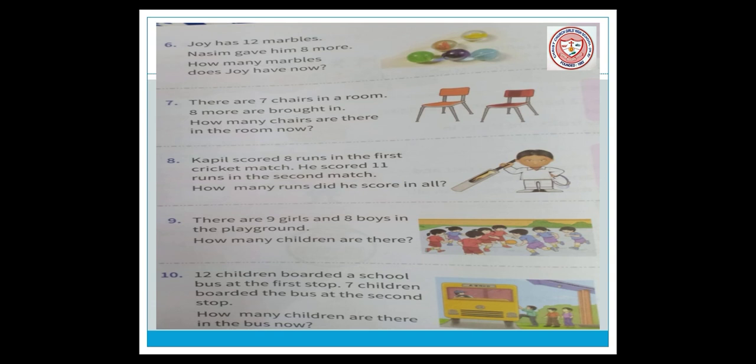There are 9 girls and 8 boys in the playground. How many children are there? Number 10. 12 children boarded a school bus at the first stop. 7 children boarded the bus at the second stop. How many children are there in the bus now?